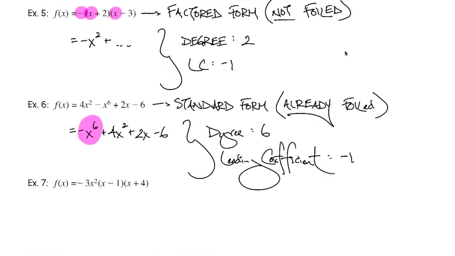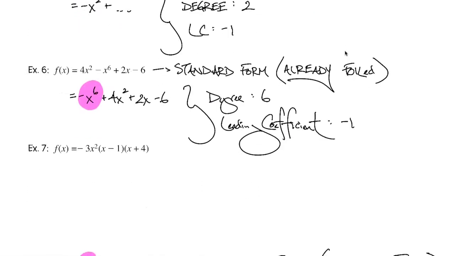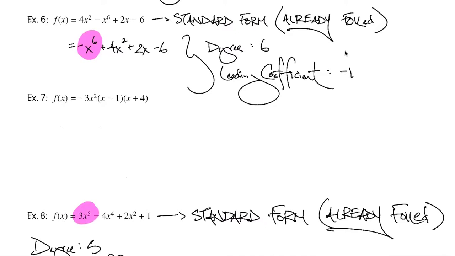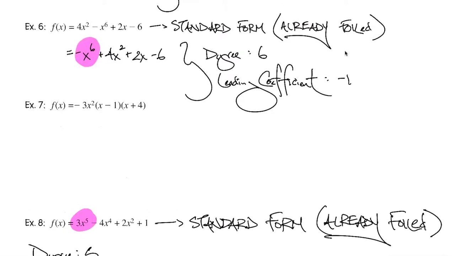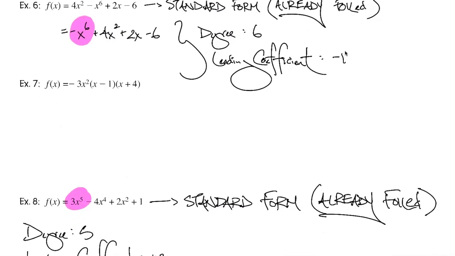All right, let's take a look at this last example, number 7. Number 7, definitely not standard form, right? We know that this is factored form. If you were to FOIL out, which terms would you multiply to get the leading term?